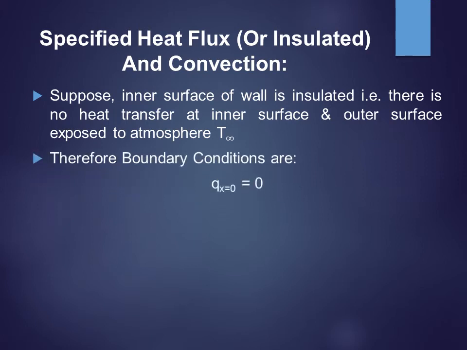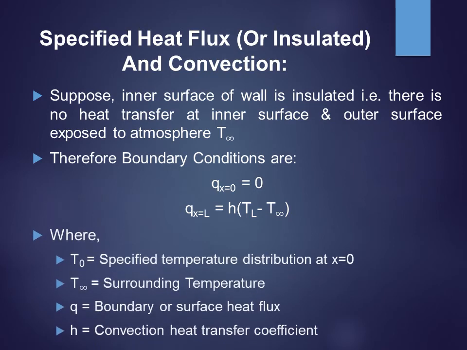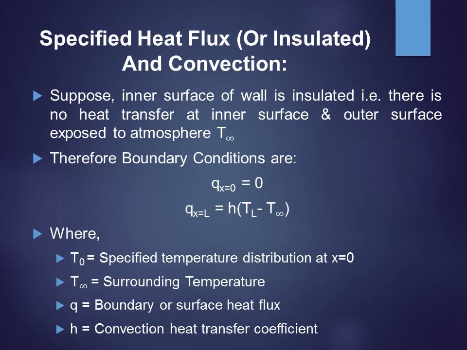Then boundary conditions are Qx equal to 0 at x equal to 0, that means heat transfer at the left hand side where the wall is insulated is equal to 0, while at x equal to L, the right hand side of the wall, the temperature of the wall is TL and T infinity is the surrounding temperature, then the rate of heat transfer Q at x equal to L is h into TL minus T infinity, where T0 is the specified temperature at x equal to 0, T infinity is the surrounding temperature, TL is the right hand side wall temperature, Q is the boundary or surface heat flux, and h is the convection heat transfer coefficient.